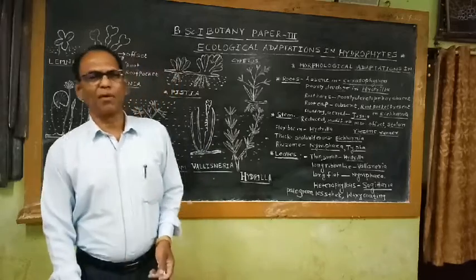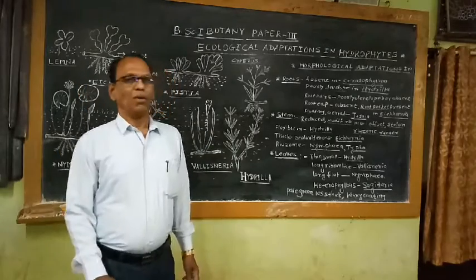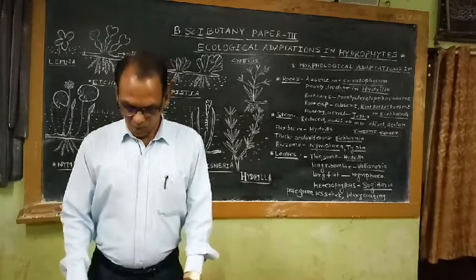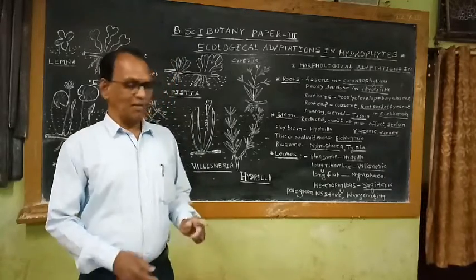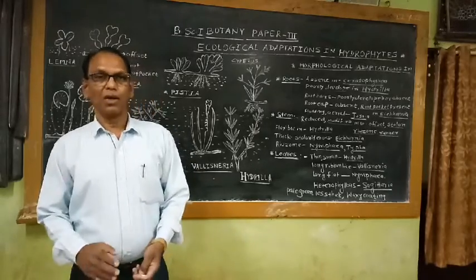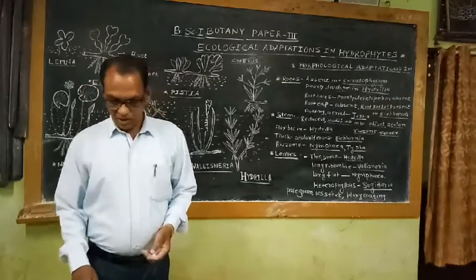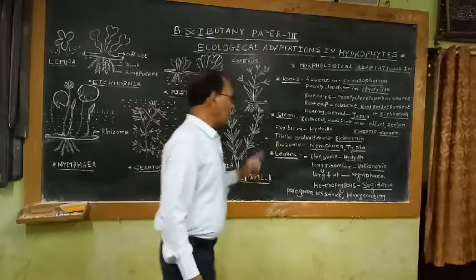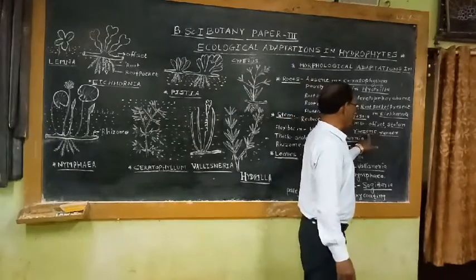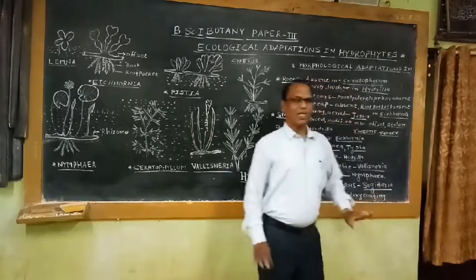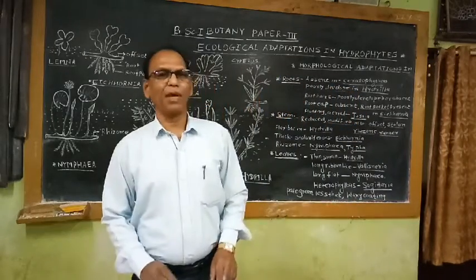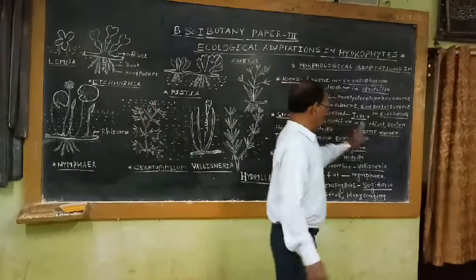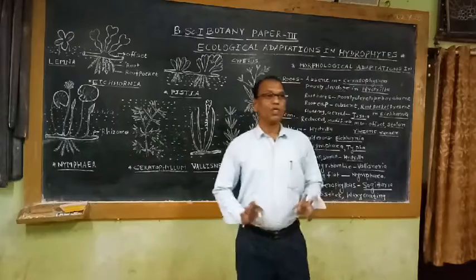In most aquatic plants, reproduction takes place vegetatively with the help of modified stems, for example, rhizomes, runners, suckers, offsets, stolons, etc. Runner, rhizome, offset, stolon, these are the names of the modified stems in aquatic plants. And due to the presence of such modified stems, they can take part in vegetative propagation.